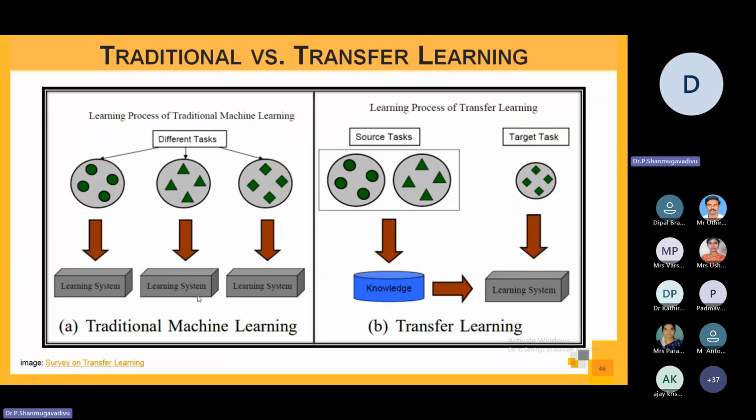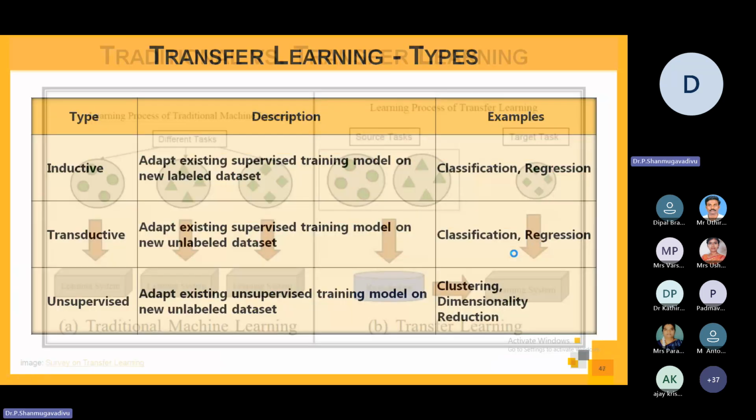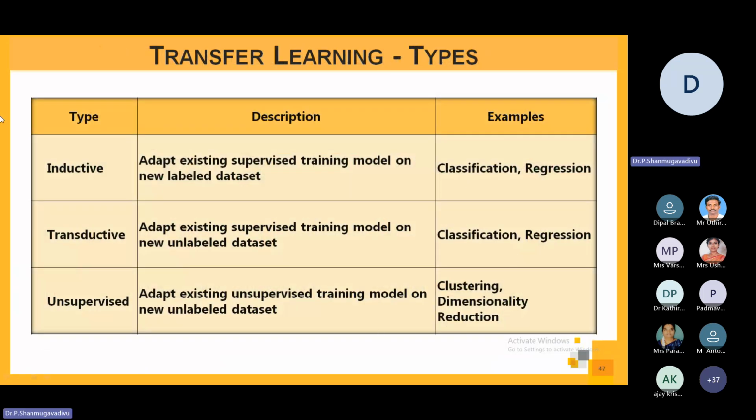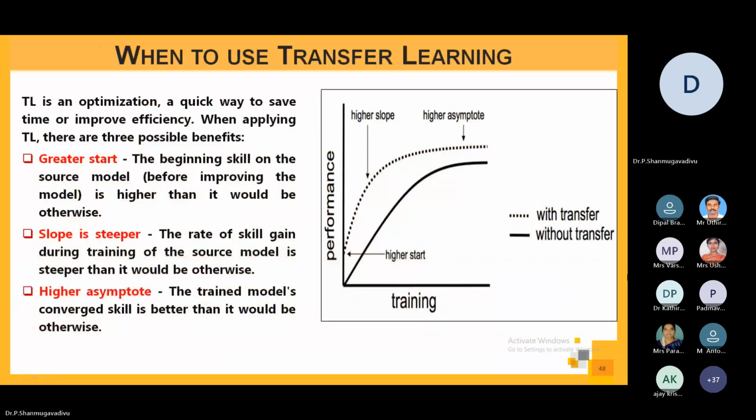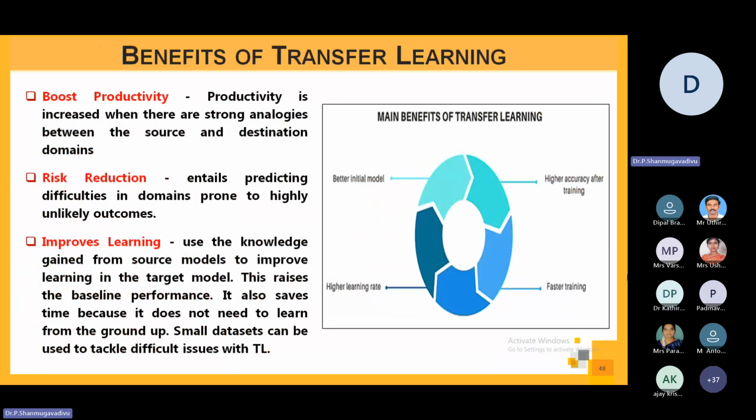In the case of transfer learning, you have already been trained on this, and that is going to be used for doing the final result. So the types are inductive, transductive, and unsupervised. Let's not worry much about it because as you keep learning, you'll be able to understand. Let's keep this also for the time being because unless you are strong in it, it's very difficult to follow.